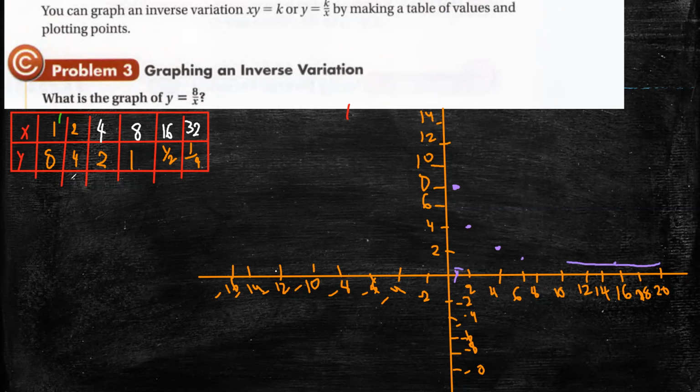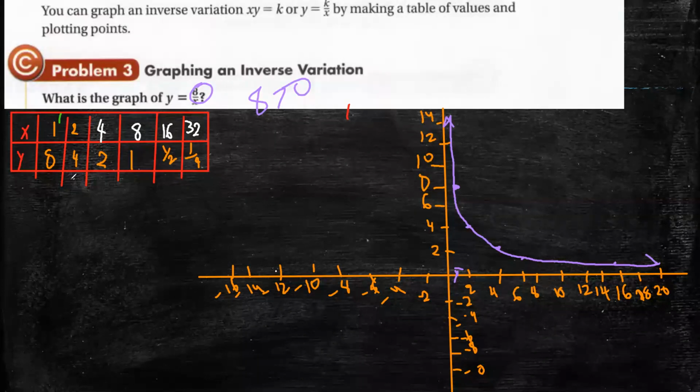So when you connect these points, you get the graph like this one here. As you see now, it didn't intercept the axis.